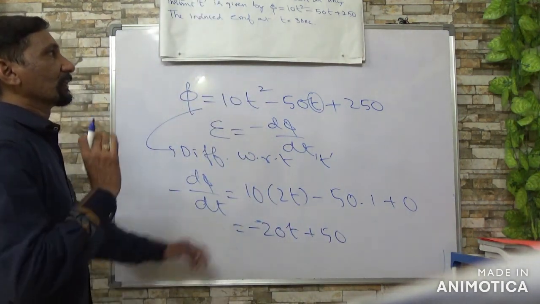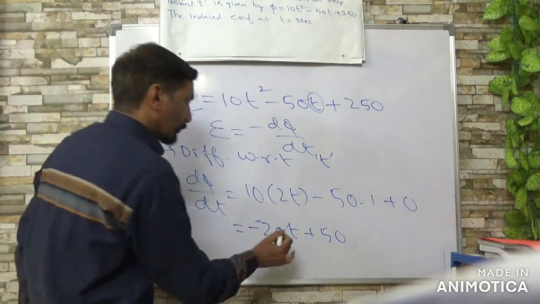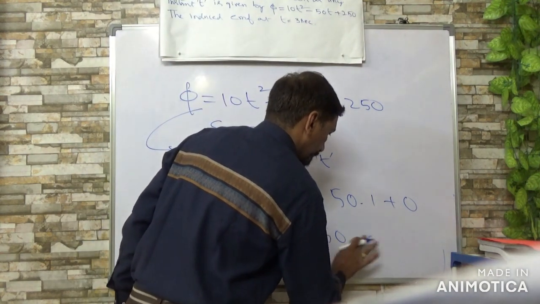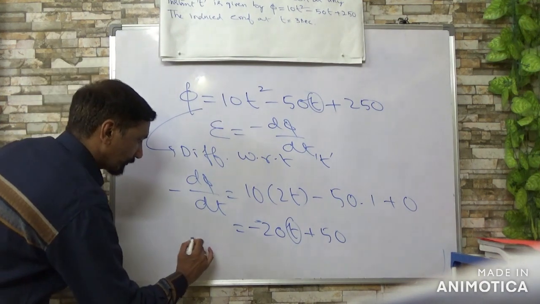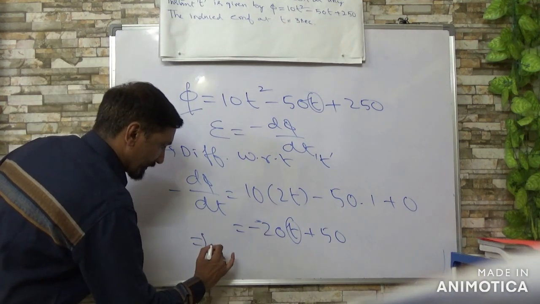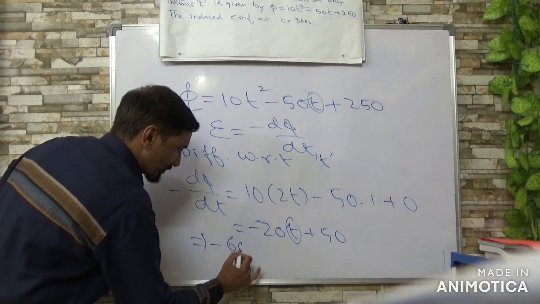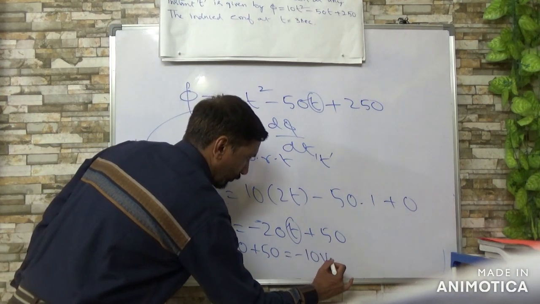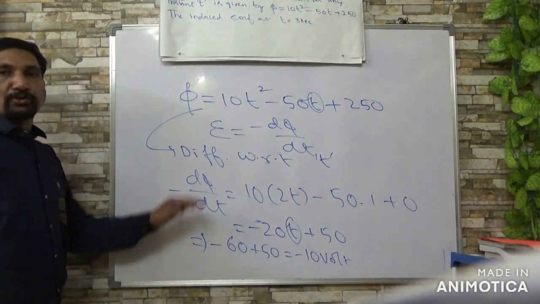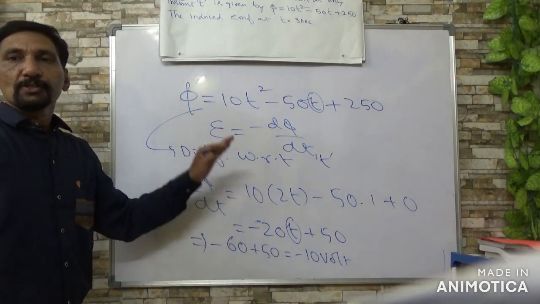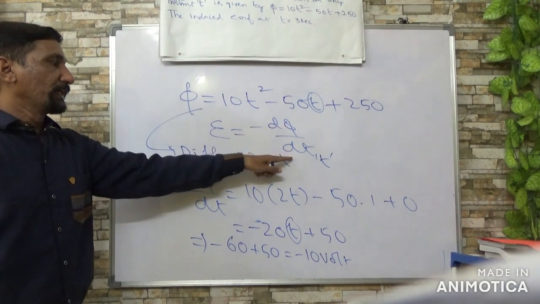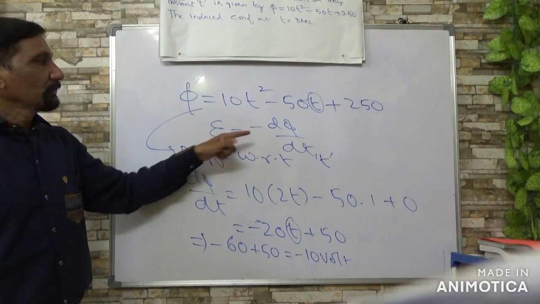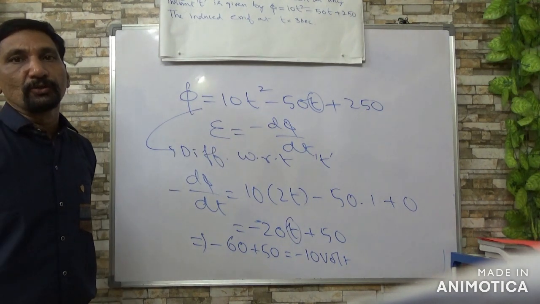You want it at 3 seconds, so put t equal to 3 seconds. So it is minus 20 into 3, that is 60, plus 50, nothing but minus 10 volt. The unit of EMF is volt. So differentiating flux with respect to time, you get EMF. This is the formula we are using.